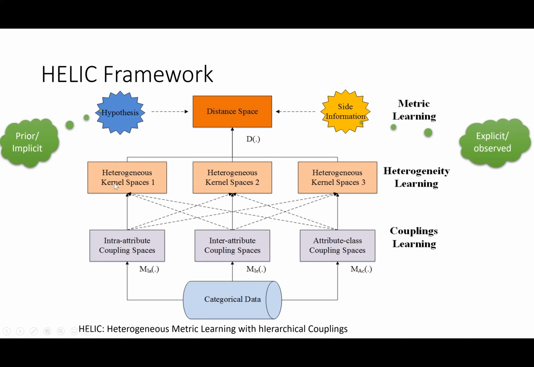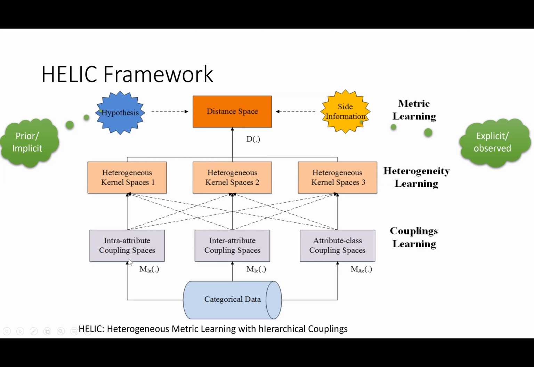Heterogeneous means you have a different kernel, as I illustrated for the commitment, right? So in this way, we model the couplings for these three types or three aspects. We model the heterogeneity of different types of relations or different kinds of interactions. We could also model the heterogeneities based on different distributions.